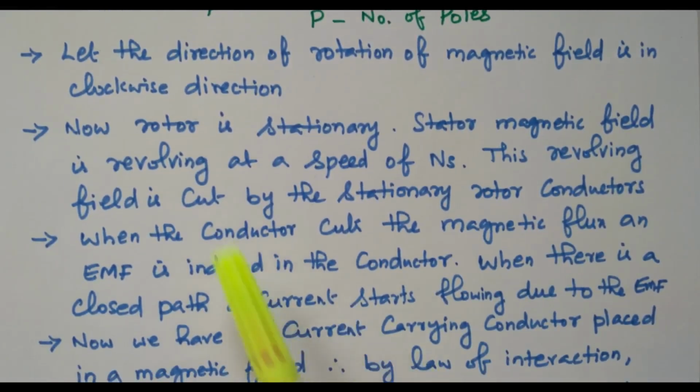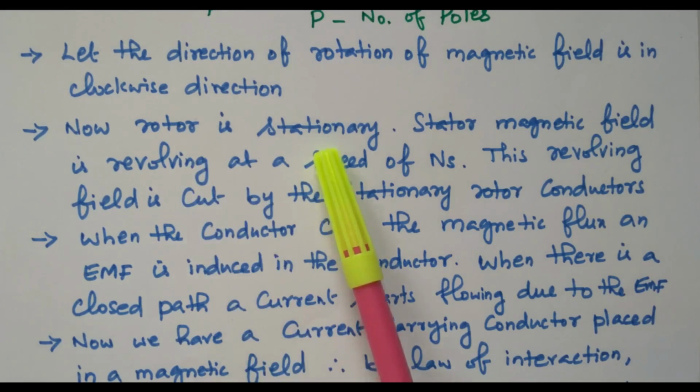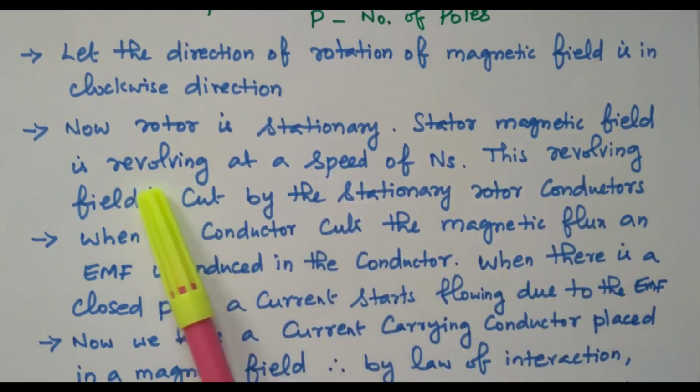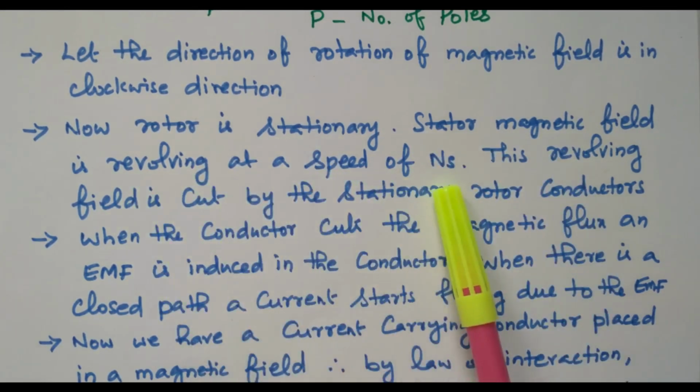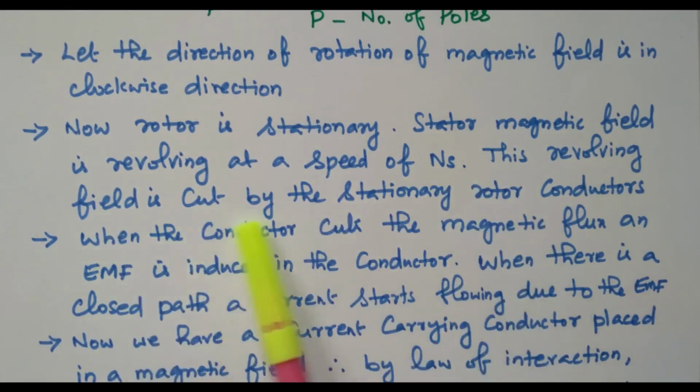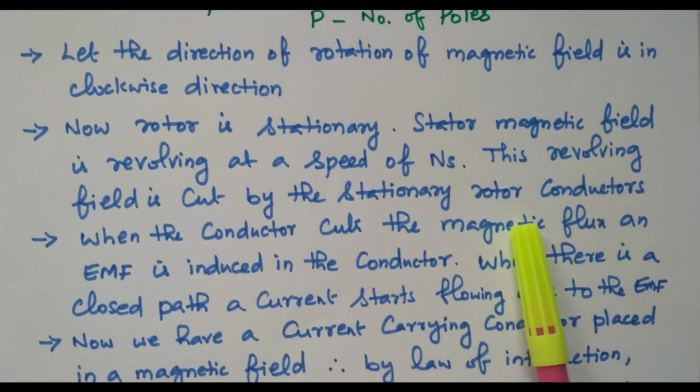Now the rotor is stationary. The stator magnetic field is revolving at a speed of Ns. This revolving field cuts the stationary rotor conductors. When a conductor cuts the magnetic flux, an EMF is induced in the conductor. When there is a closed path, current starts flowing due to the EMF, right?